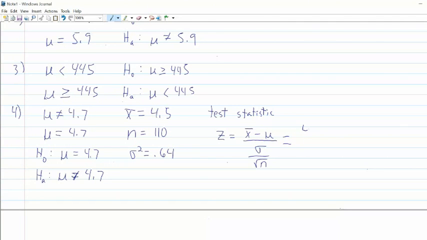So we have our mean from our sample, 4.5, minus the population mean, or what it was supposed to be working at, 4.7, over, now we're not given the standard deviation, we're given the variance. Remember, the standard deviation is the square root of the variance. So if you take the square root of 0.64, you're going to get 0.8. So that's 0.8 over the square root of 110, the number of engines that we looked at.